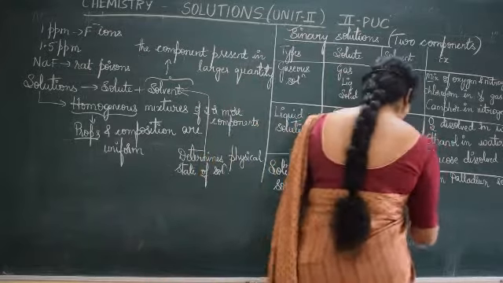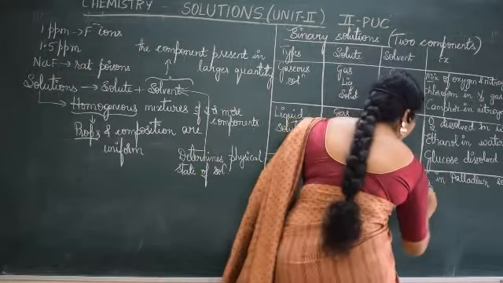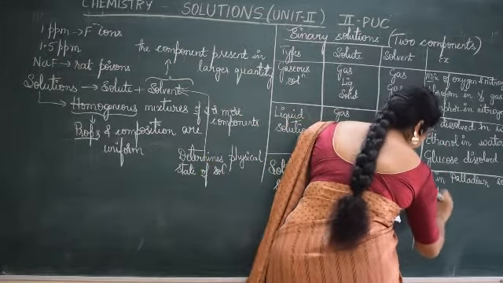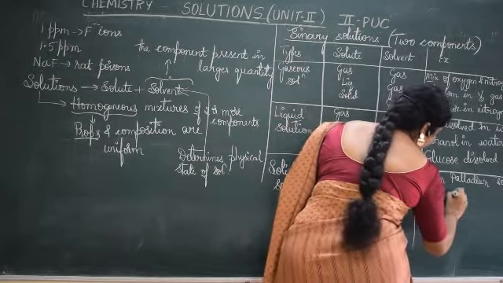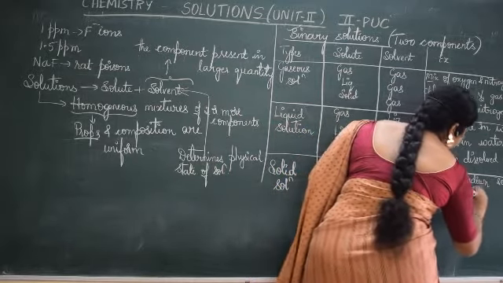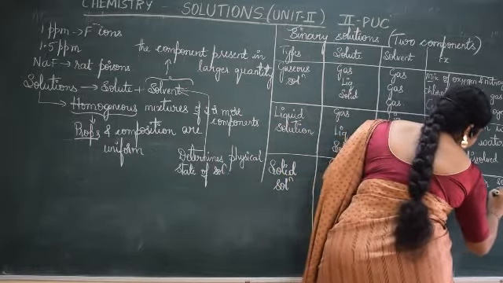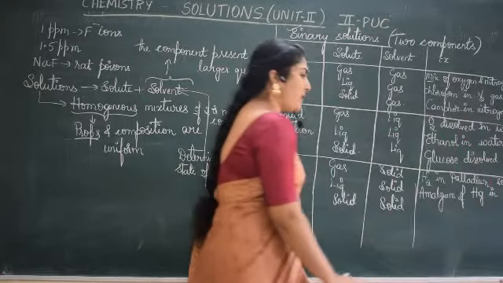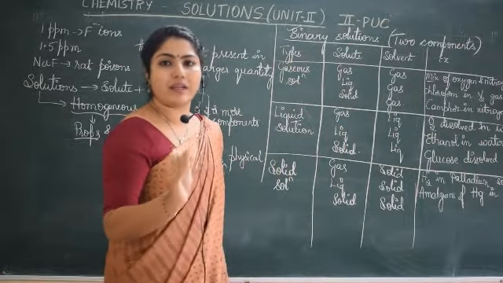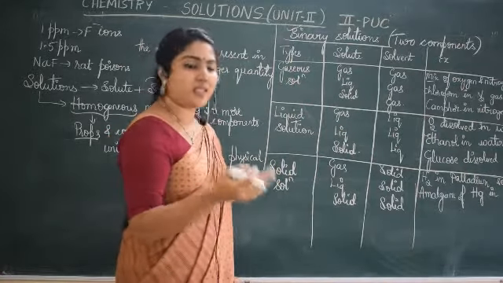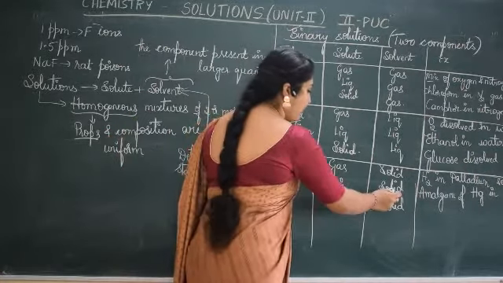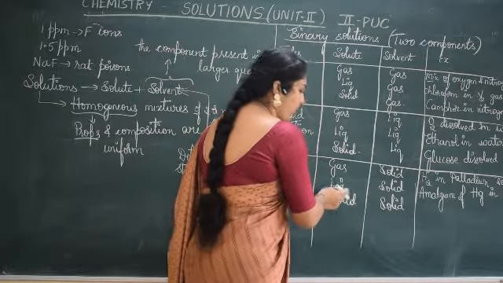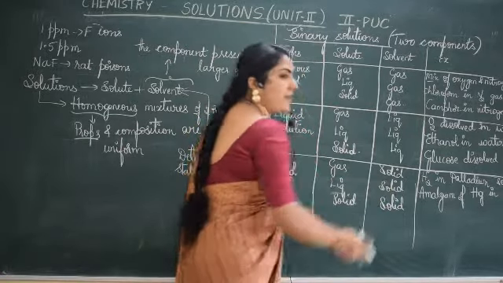Liquid and solid. Liquid is amalgam of mercury. Mercury is Hg in sodium. Mercury exists in liquid state, whereas sodium is in solid state. So solid solution means amalgam of mercury, which is liquid, is dissolved in solid.